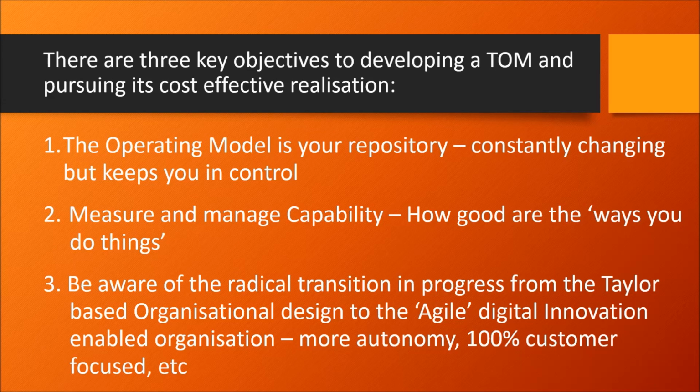Bringing in agile ways of working, empowering a workforce that are allowed to be and encouraged to be highly innovative, working in much greater levels of autonomy without that command and control, and being 100% focused on the customer and what the customer wants, and acknowledging that changing all the time, puts huge emphasis on change, and therefore the target operating model becomes a critical tool to channel and control the rate of change.